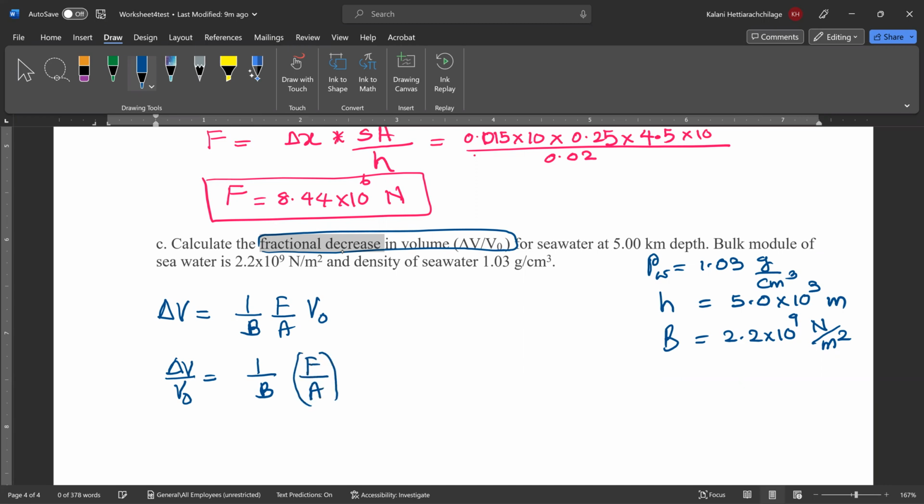Now it's very important here. F over A is actually not given, but we're going to learn this a little later in the semester. F over A, we call it the stress, or we call it the pressure. Stress or pressure, same word.